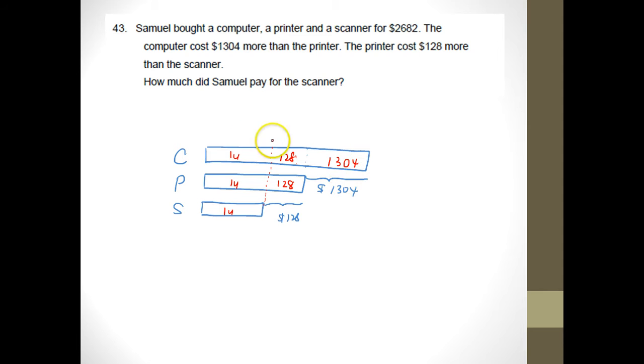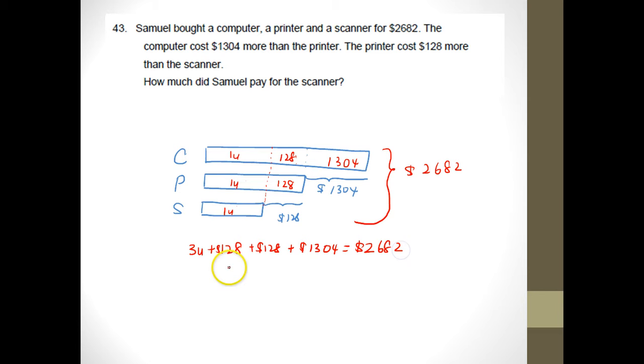Right? So altogether here is 2,682. So I know there are 1, 2, 3 units plus $128 plus 128 plus 1,304 is 2,682.